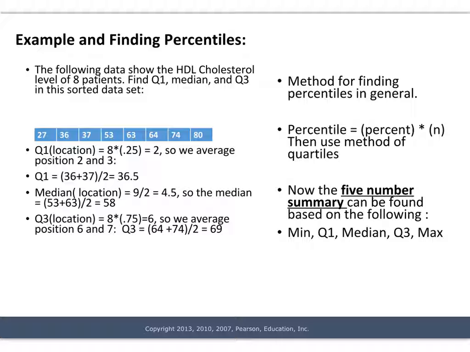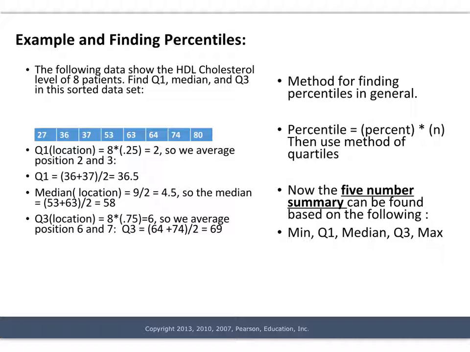So in our following example, we have the HDL cholesterol levels of 8 patients. Find Q1, the median, and Q3 in this sorted data set. So we have our data set. We have 8 patients, and their HDL cholesterol levels go from 27 on up to 80.